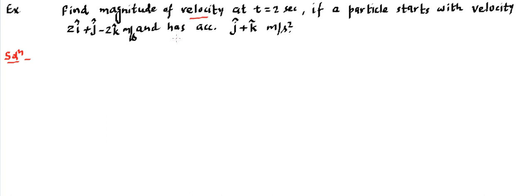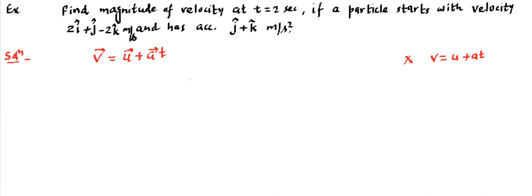So how are we going to find the velocity? We are going to write v vector is equal to u vector plus a vector into t. What is not to be done is this: we should not write v is equal to u plus at, because in this particular case this will not be valid. This will be valid, and this is because the vector says so.